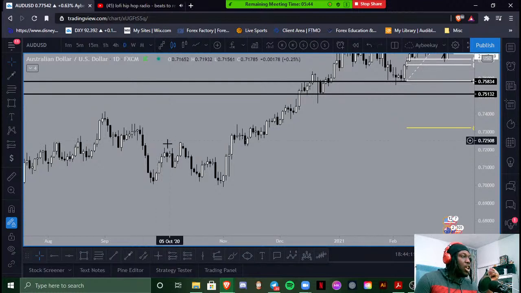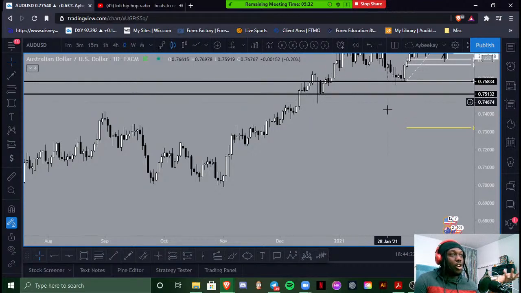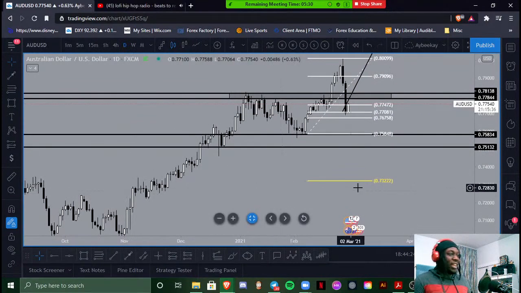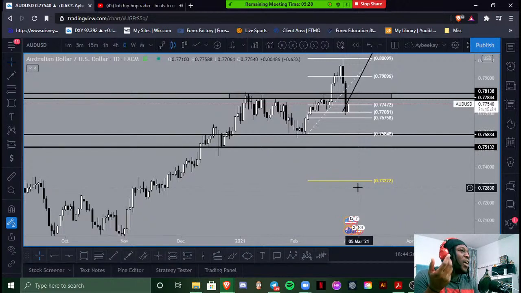And I was trying to catch sells right here, but then price kept moving higher and higher, and then I tried to get sells right here again. Price consolidated, then started to make higher highs. So I'm trying to sell it before it even makes a lower low.